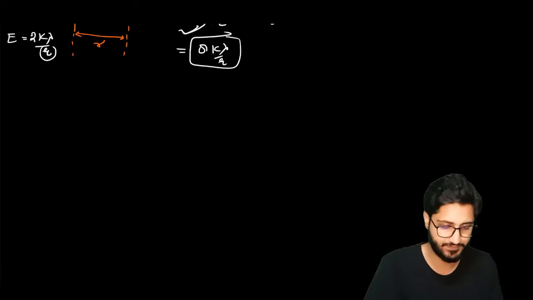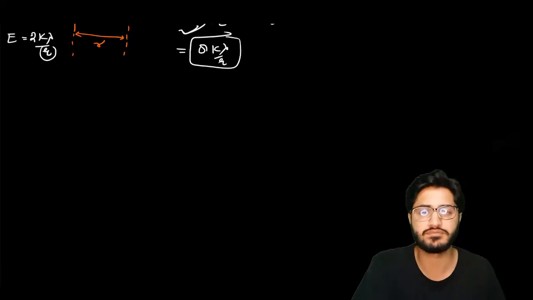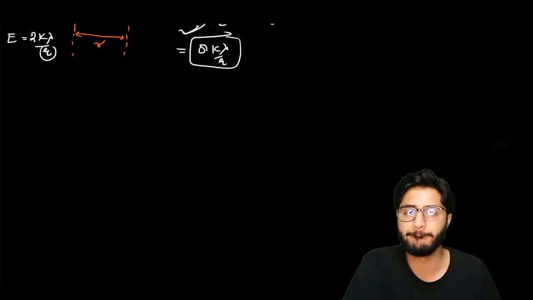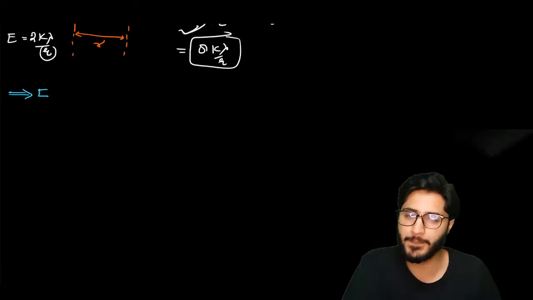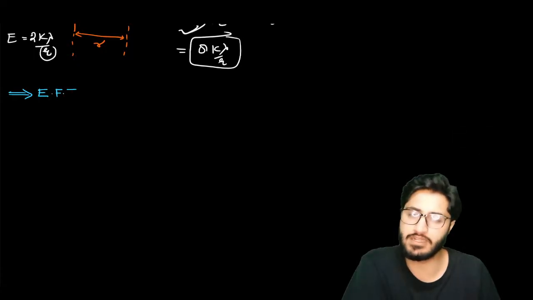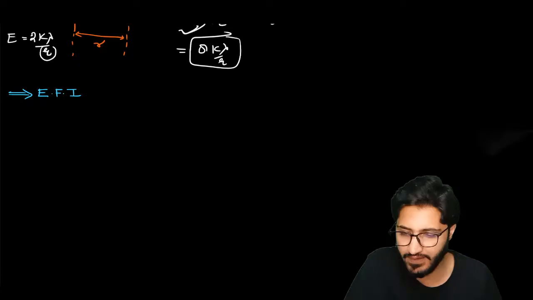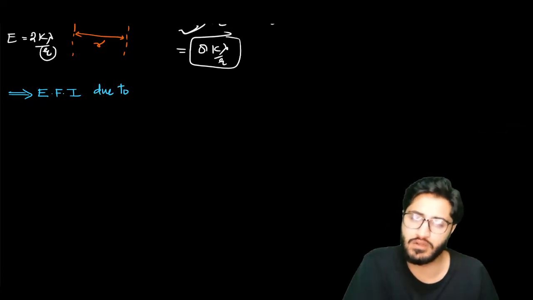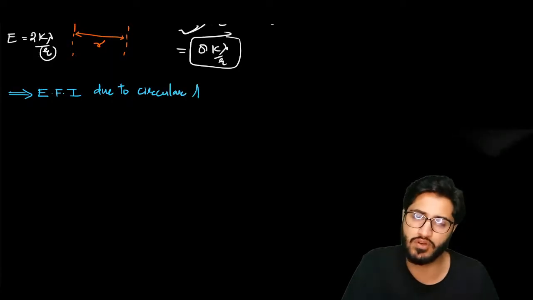You can write now: electric field intensity due to a circular arc.